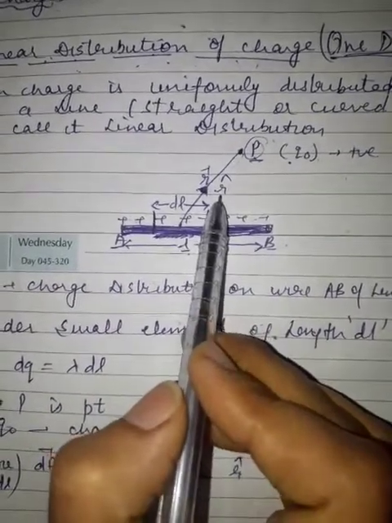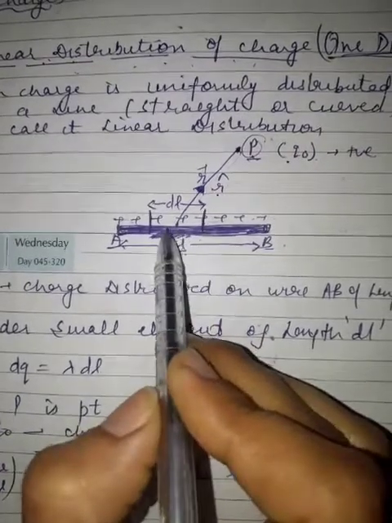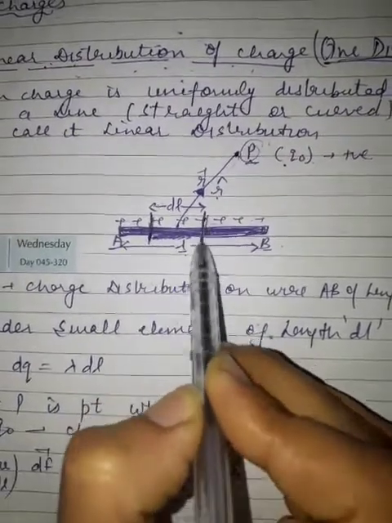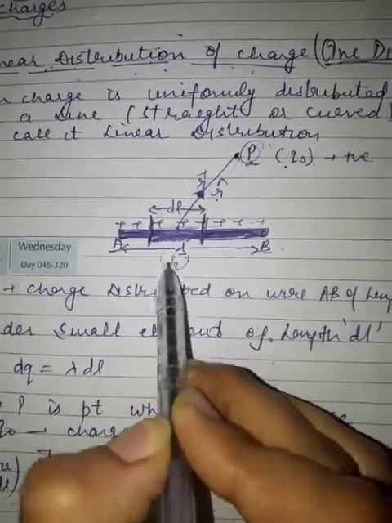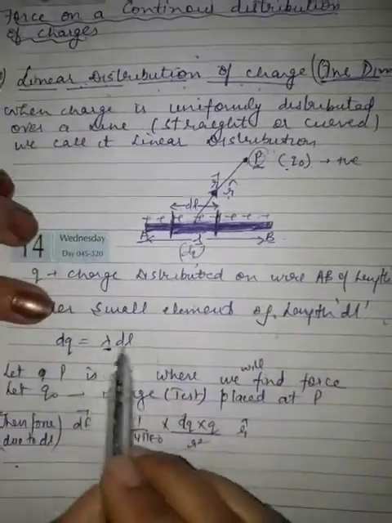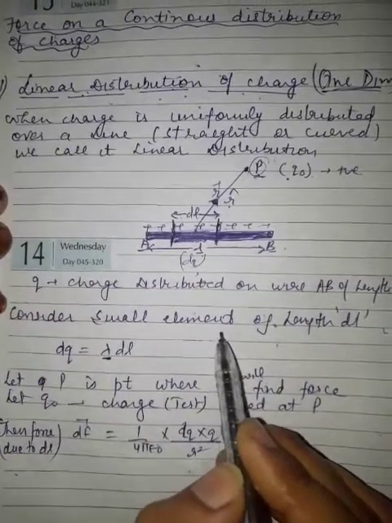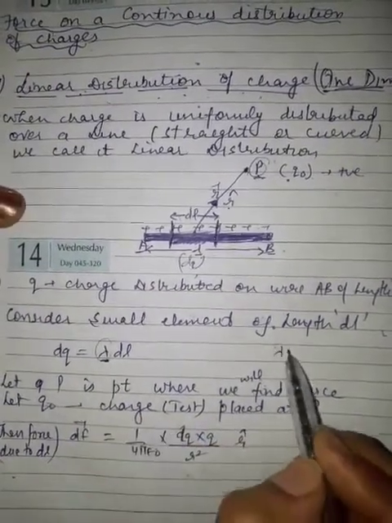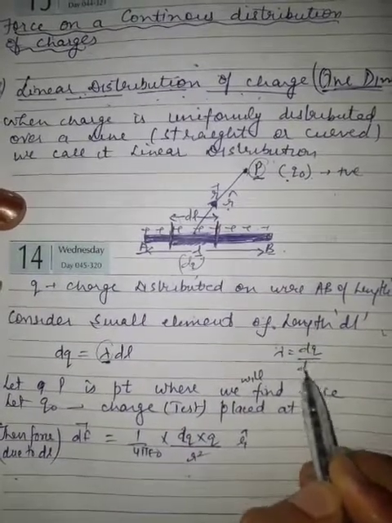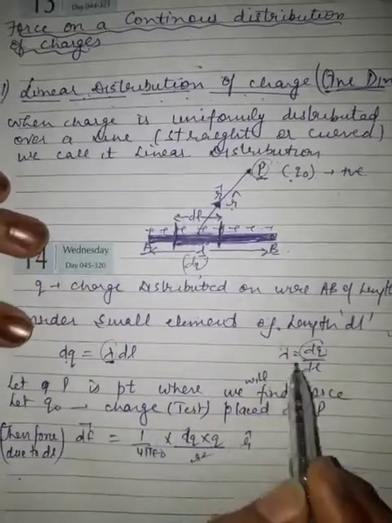It has a unit vector r cap. Now consider a small length dl. Let dq be a charge over this length. Then what is lambda? When you are talking about the charge distributed over a length, lambda is taken as dq by dl. So dq is lambda into dl.